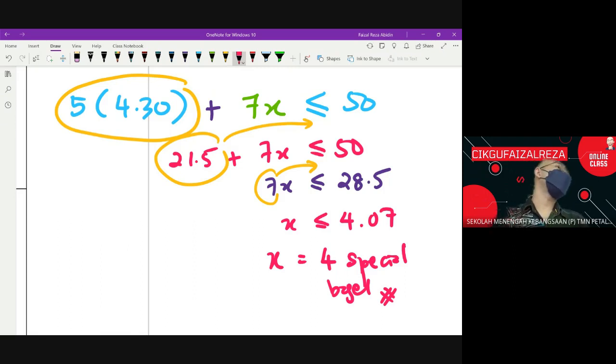Macam mana tu? Oh, awak kira. Siap-siap dah. Lepas tu awak ambil 7x sama dengan 50. Lepas tu awak tak buat inequality. Okay lah. Boleh lah. Siapa buat soalan? Yelah, siapa dah cakap.